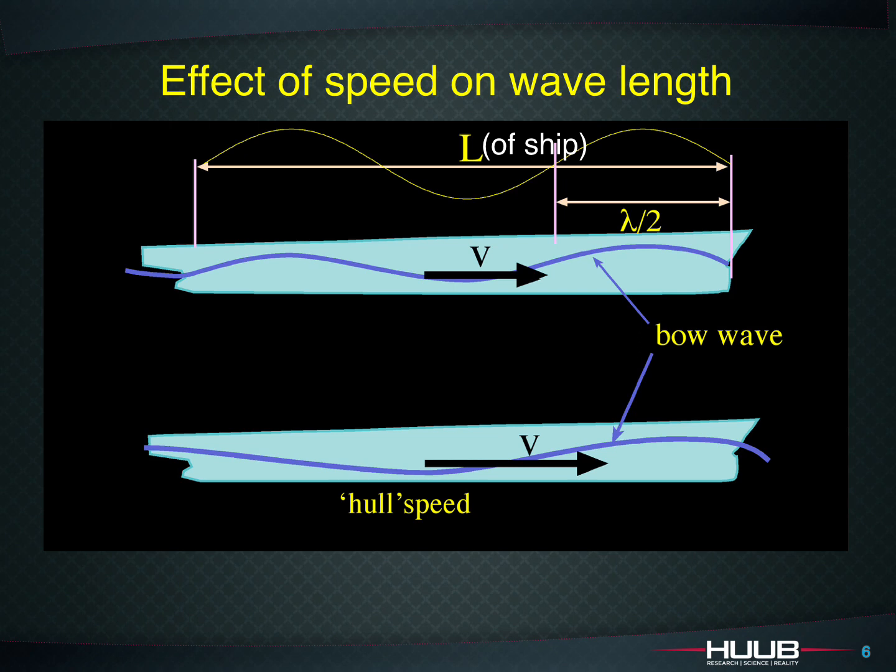If that happens, then it's very difficult for the ship to travel any faster, because it then has to climb over the bow wave. So when a ship is traveling at the hull speed, the speed at which it's trapped, then 70% of total drag will be wave drag.